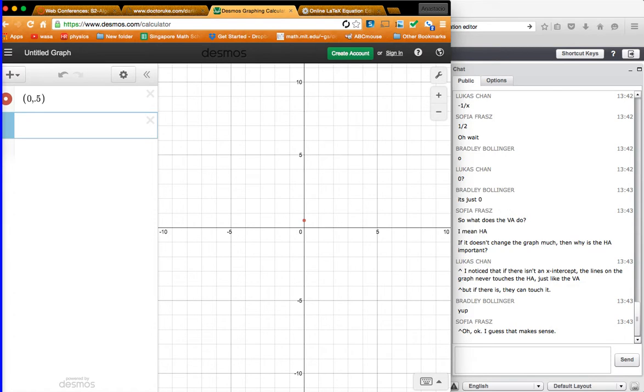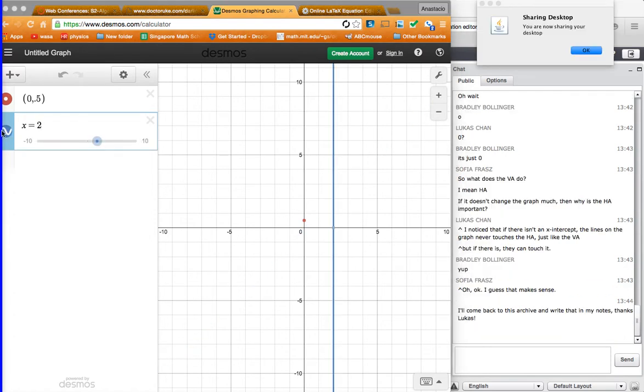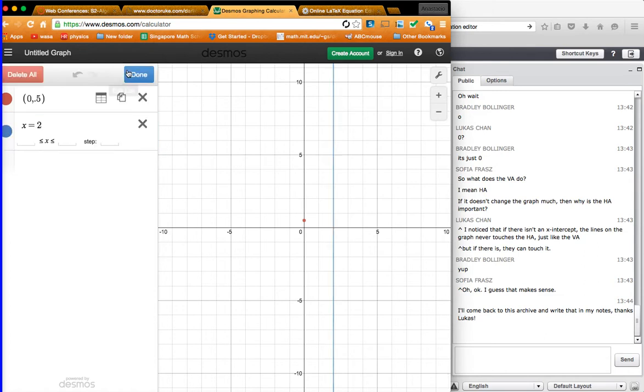My vertical asymptote is at x equals 2. Okay? And I think I'm going to make this a dotted line. There we go. And we'll make it red. Red means it cannot go there. And we'll make this point blue or green. Green is good. Can you guys see that? Is that dark enough for you guys to see?